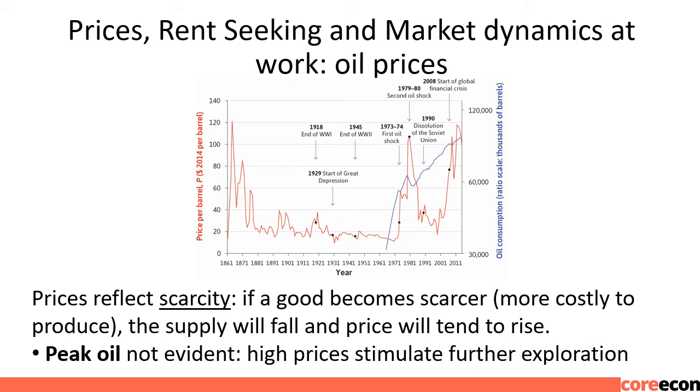If a good becomes scarcer, more costly to produce, the supply will fall and price will tend to rise. Economists have been predicting that at some point we will reach peak oil production and then prices will continue to rise, but that is not evident since higher prices stimulate further exploration, which is possible in the long run as new wells can be brought into use.